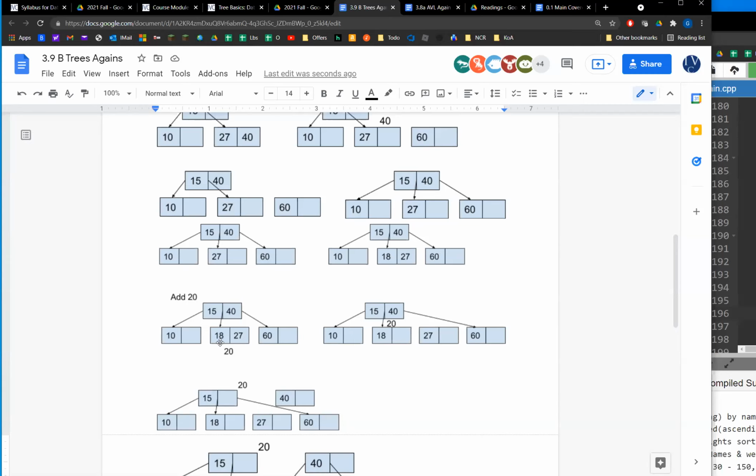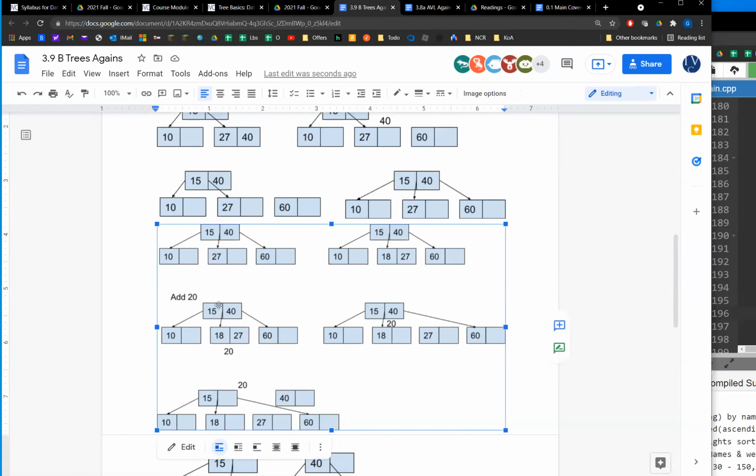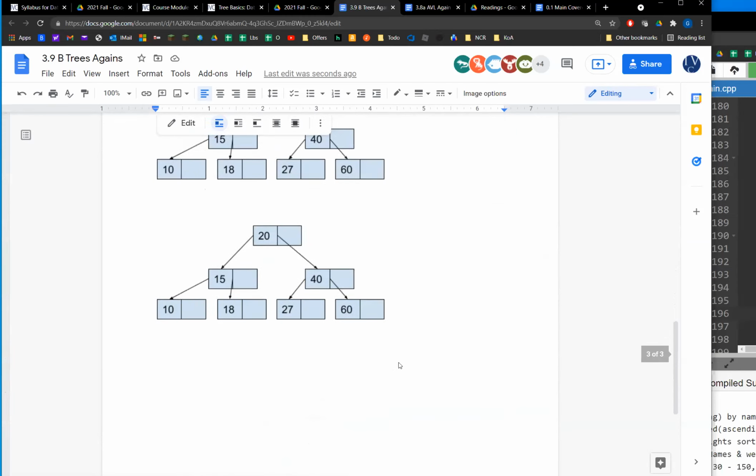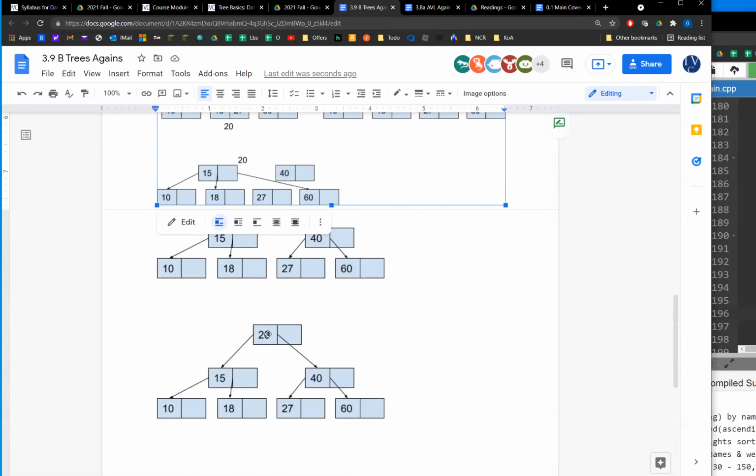The median value promotes, and that promotion can lead to a chain reaction of splits. Well, 20 went to the middle branch because it's greater than 15 and less than 40. Right, so it's similar to a binary search tree. We're looking at a left, right pattern.